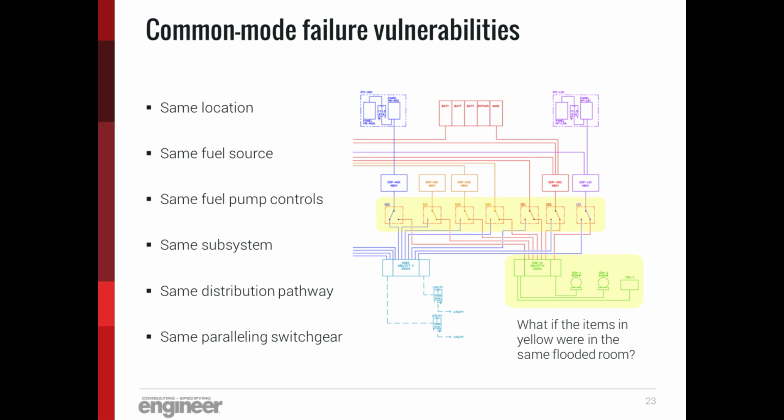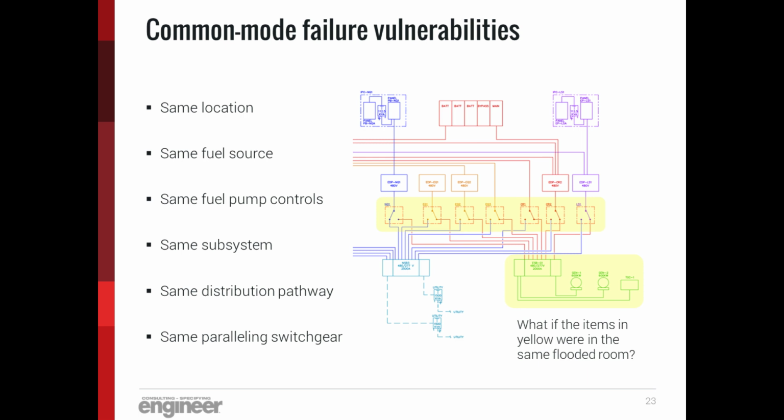The switches are redundant to one another. But let's say, for argument's sake, that they're in the same room. Something happens in that room. In that case, the two redundant switches are gone. It doesn't really matter that you have two redundant switches.